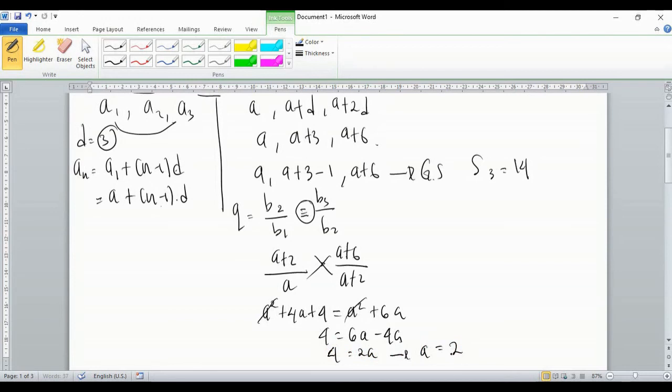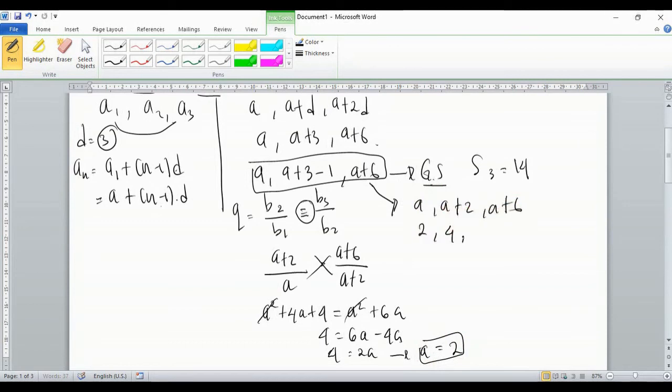So we want to know what ratio they have. We just need to substitute A into the geometric sequence. A is equal to 2, so we substitute: A, A plus 2, A plus 6 gives 2, 4, and then 8.